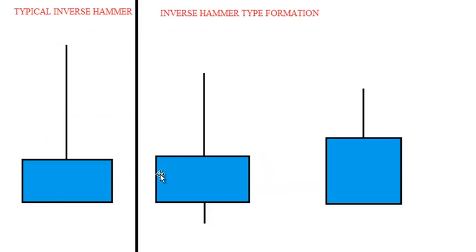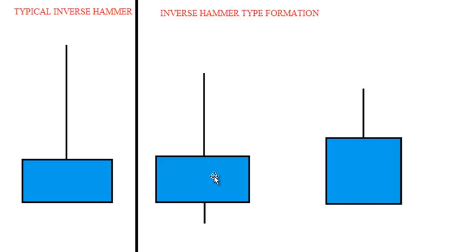So on the left hand side, you're looking at a very accurate inverse hammer or shooting star, where this is H and this is more than 2H or 2.5H, the minimum of the hair being 2H, more likely 2.5H and a little bit more. And on the right hand side, this is an inverse hammer type formation.